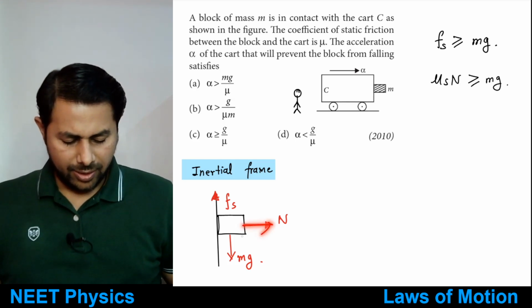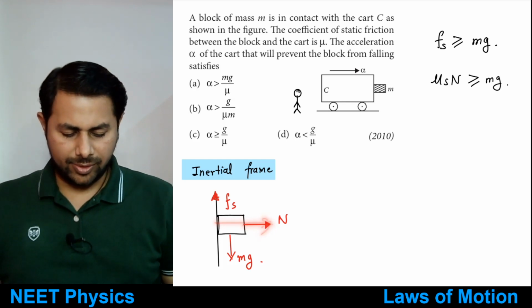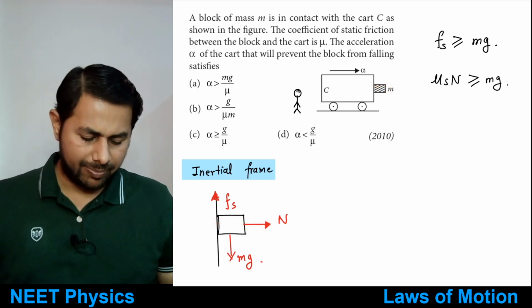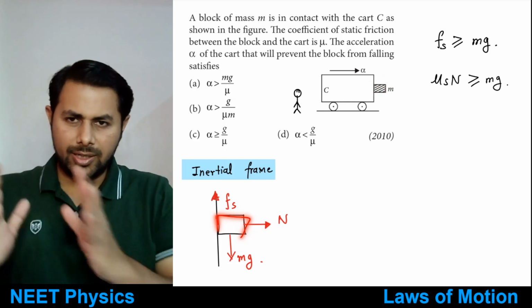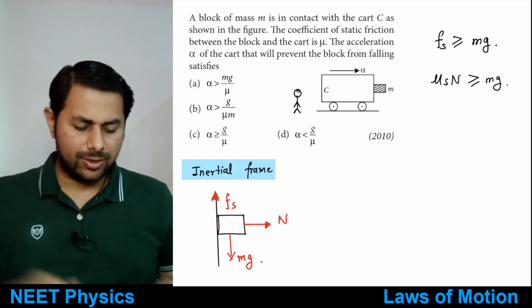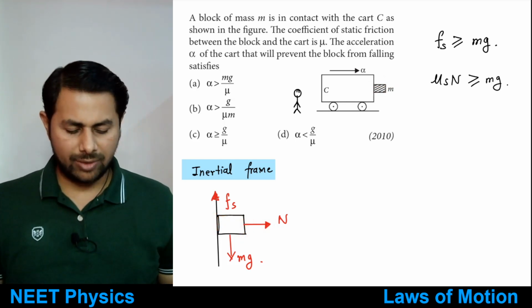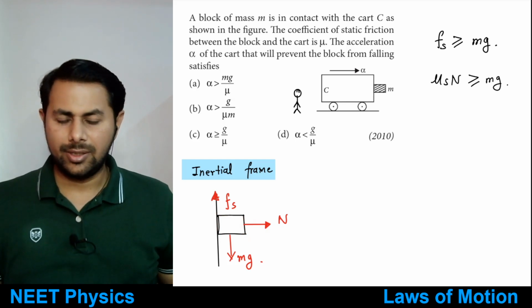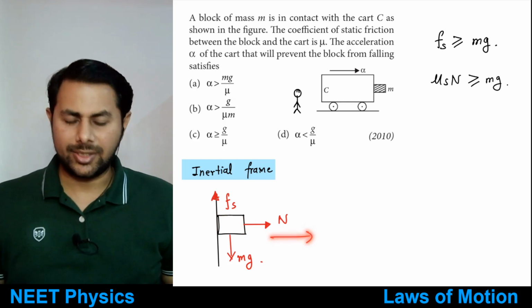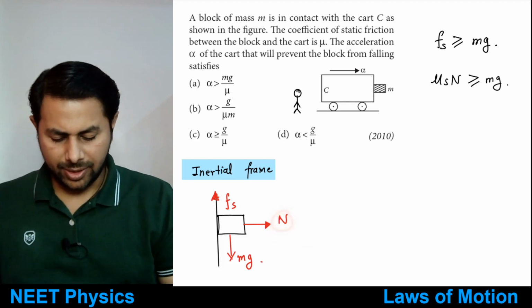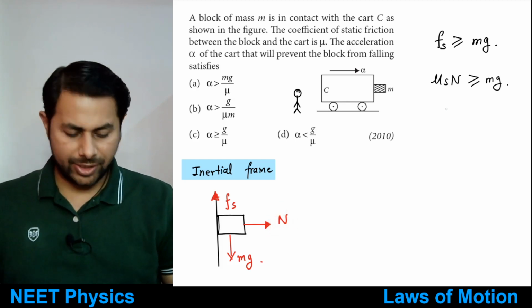And then there is the normal reaction due to the cart. What's happening to this block? It is moving along with the cart, so that means it is accelerating. Who is providing that acceleration? Which is the force in the direction of acceleration? It's the normal reaction.